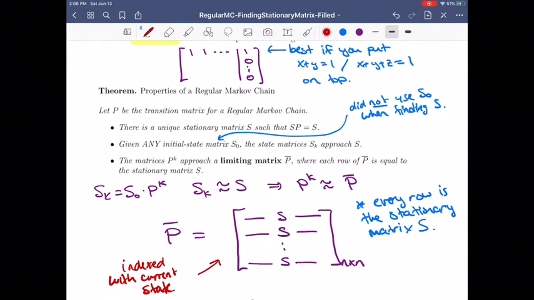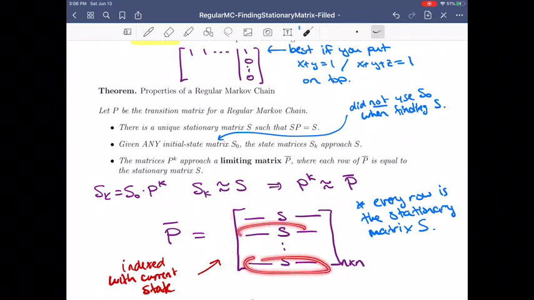Because Sk does not depend on S0, it doesn't matter where you start. No matter where you start, the chances that you end up in a particular state are the same. So the probabilities are the same. So it's going to be matrix S for every single row.